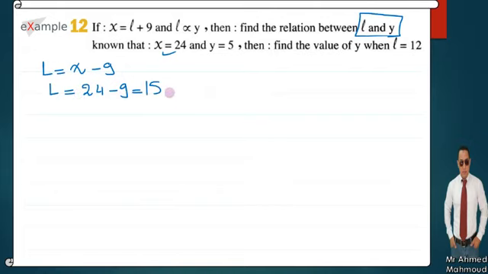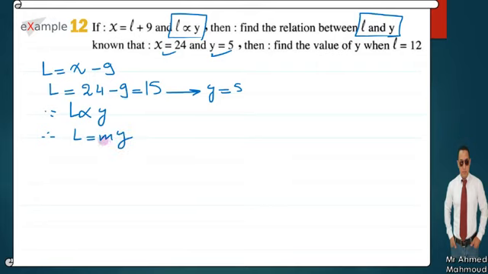So L equals 15 at y equals 5. Now L equals 15 and y equals 5, and since L varies as y, L equals my.